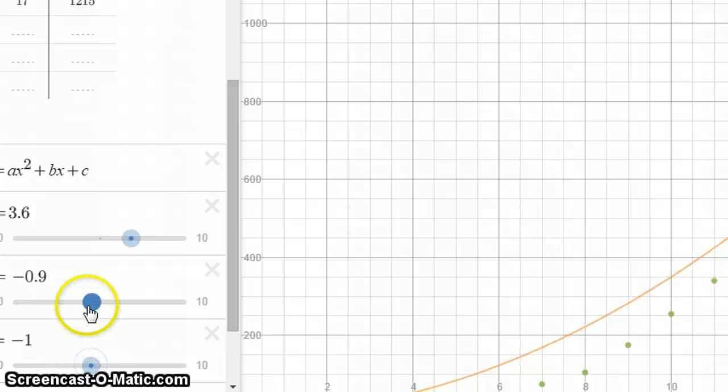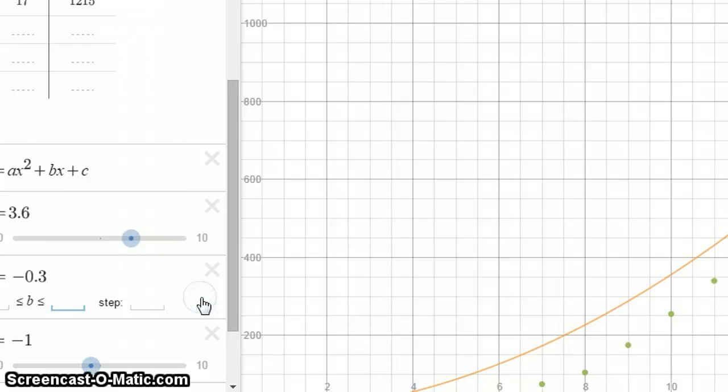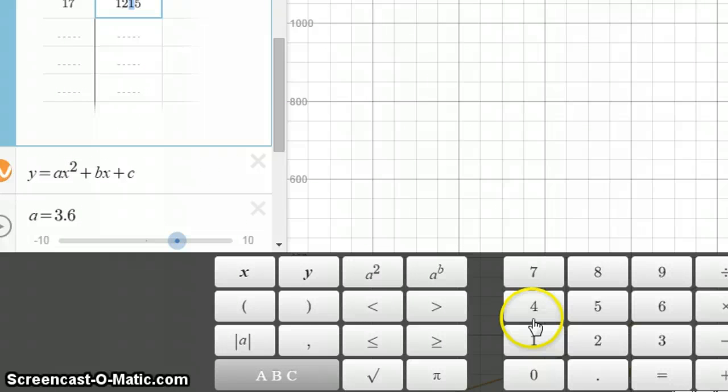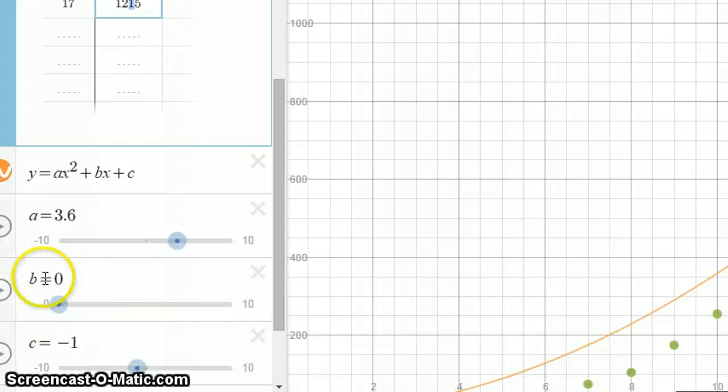Okay, experiment with these, and then if you find that they don't change it enough, you can always change the parameters. You can say, okay, have B go from 0 to 100.